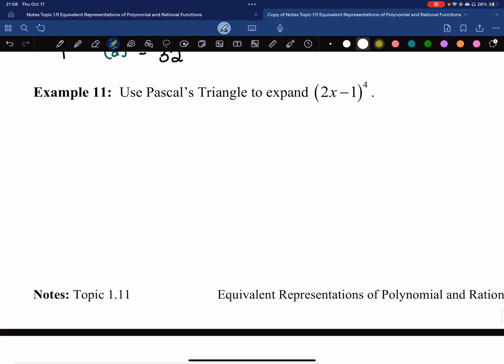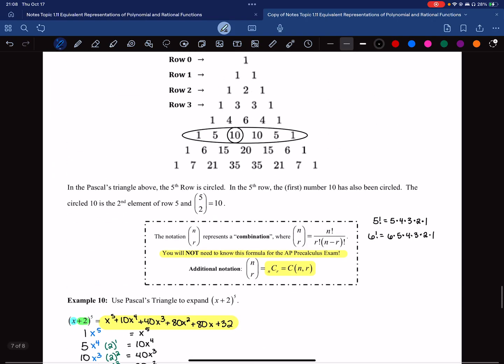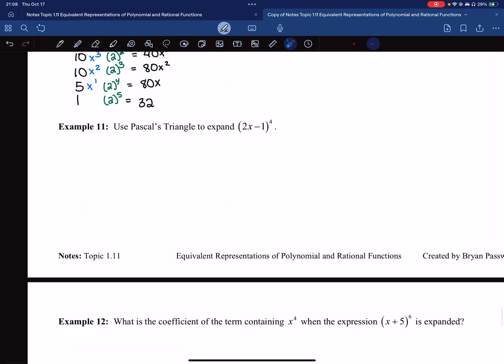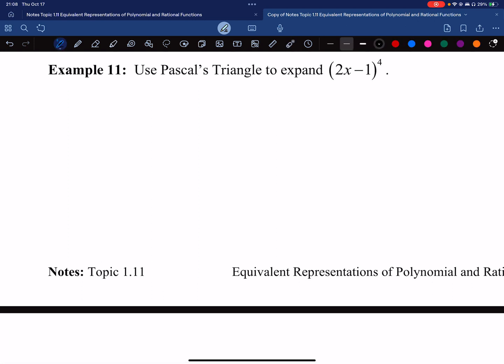So, use Pascal's triangle to expand 2x minus 1 to the 4th power. If we're looking at Pascal's triangle, my exponent is 4, so we want to use the row that has a 4 as the second number. So we're going to have 1, 4, 6, 4, 1.